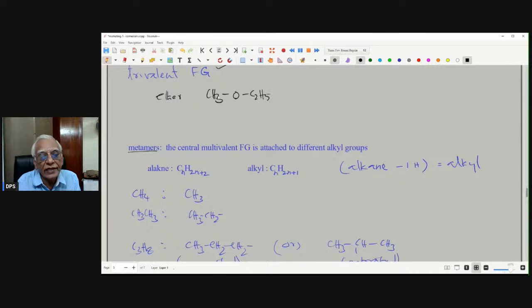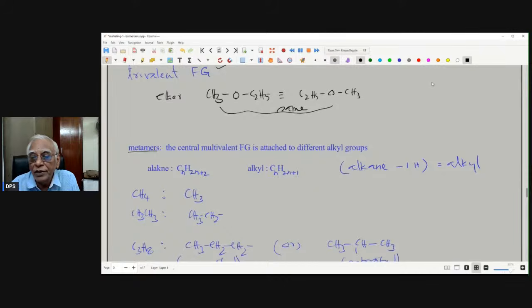If you swap them, it is not an isomer; they are the same compound, C2H5OCH3. Of course, if O is replaced by H, it is a functional isomer. Among the ethers, they are the same compound because they have the same IUPAC name.